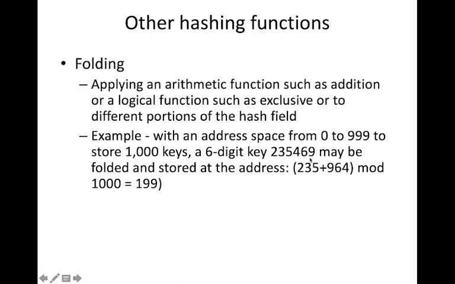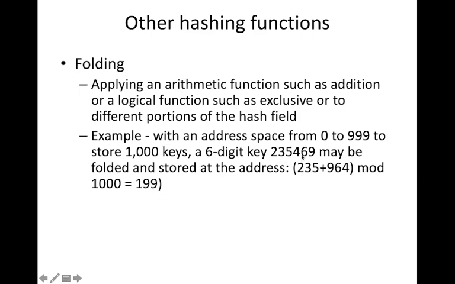We simply reverse the last three digits. 235 plus 964 mod 1000, because we have 1000 locations. So mod 1000 we get the value 199. This will be the hash key value, and this is the hash function.